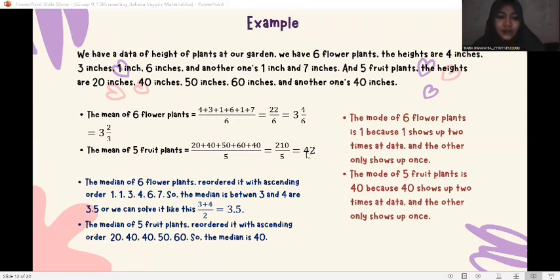So the mean of 5 fruit plants is 42. And the mean of 6 flower plants is 3 plus 2/3.